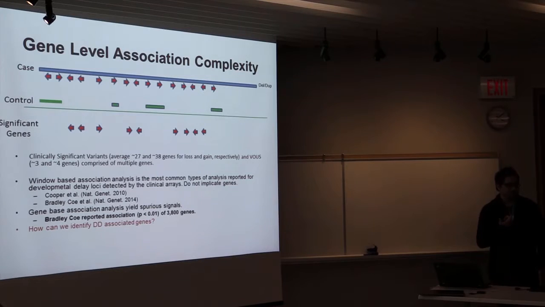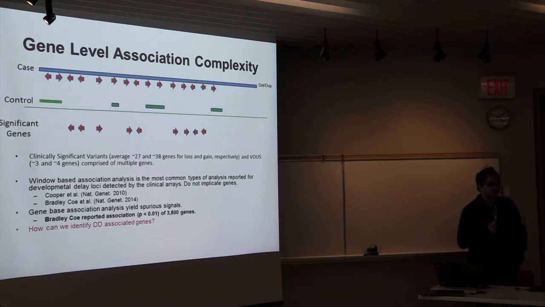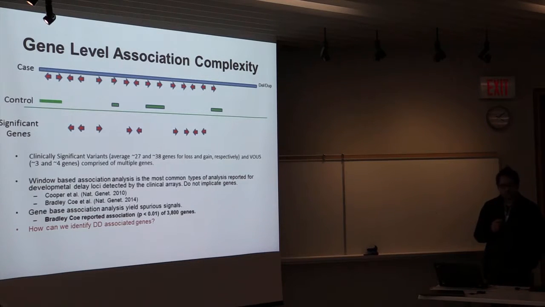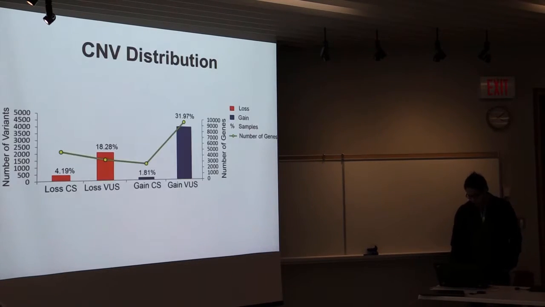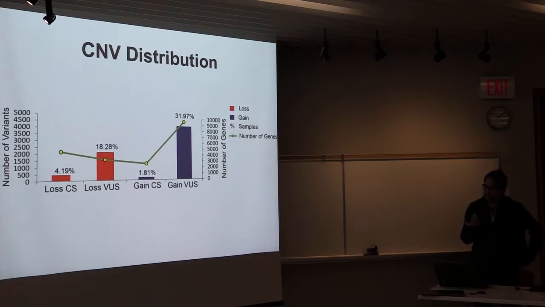At the end, we still do not know which genes, because one study in Nature Genetics showed 3,800 genes with a p-value of at least 0.001. So really we don't know how to approach this to tease out at least the candidate genes. This is the problem that I'll be discussing in this talk.